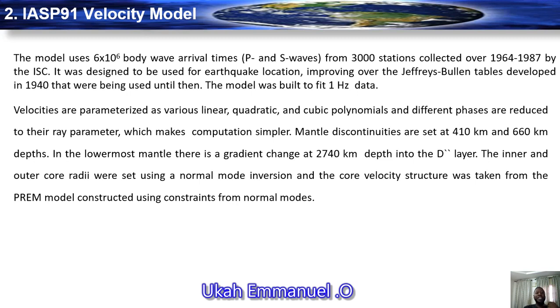So the major reason this model is made is to predict seismic wave travel times, and for that reason the crustal layer is about 35 kilometers thick, and it's divided into two, sorry, let me get that correct.